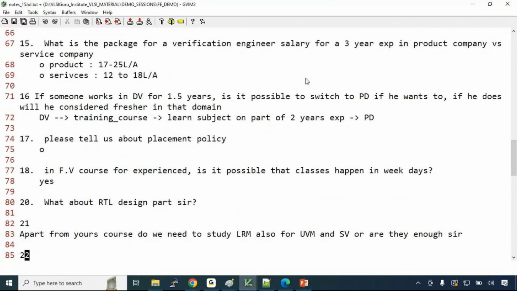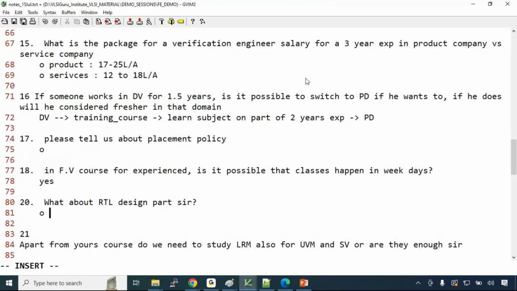What about the RTL design part? See, RTL design is done as part of our training. The course name itself is RTL design and verification, because you need some level of designing expertise also. When we teach Verilog, there you get exposure to gain expertise with RTL design as well.